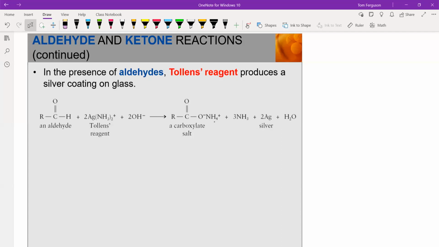Okay, you need to know this reaction. A Tollens reagent will make an aldehyde turn the silver. Tollens reagent basically is a silver cation, Ag plus.